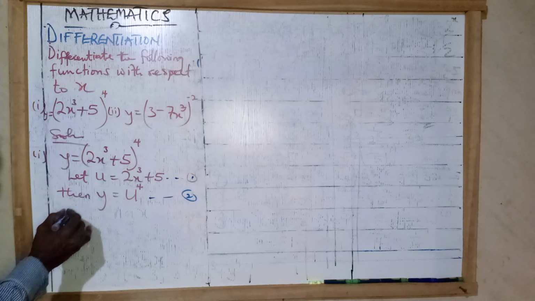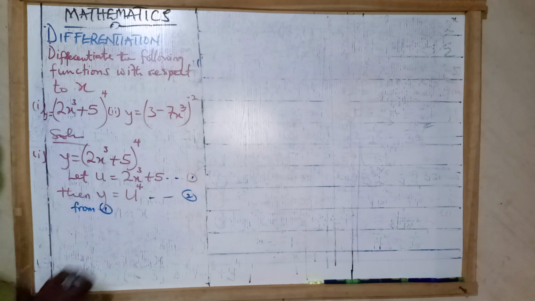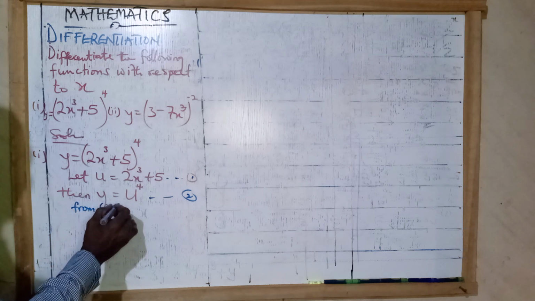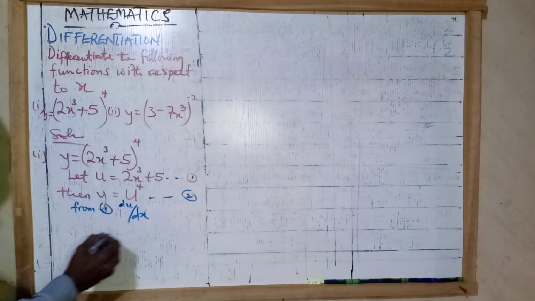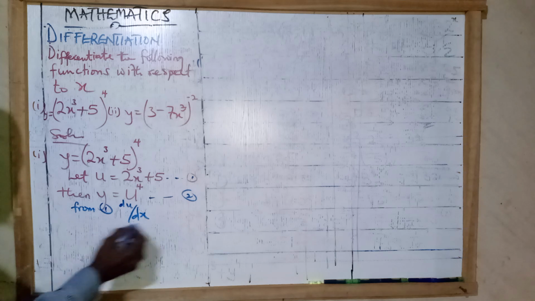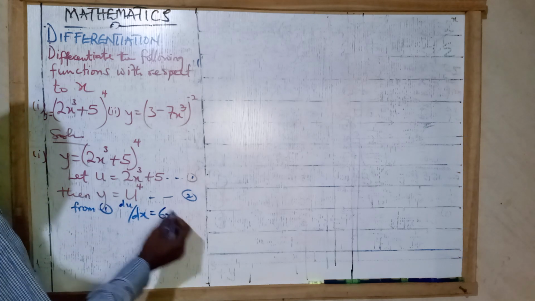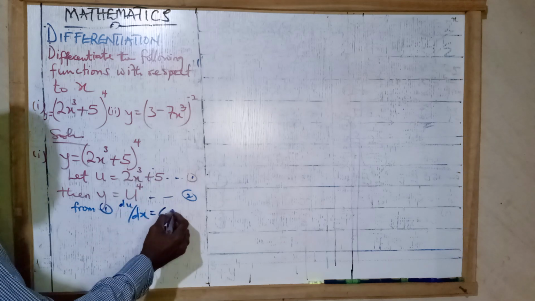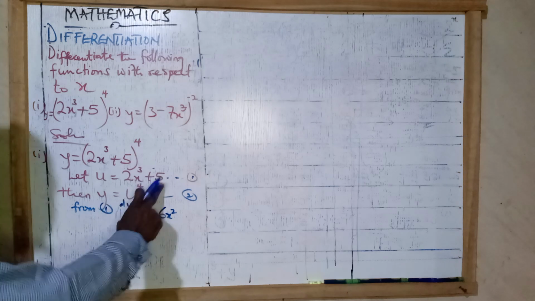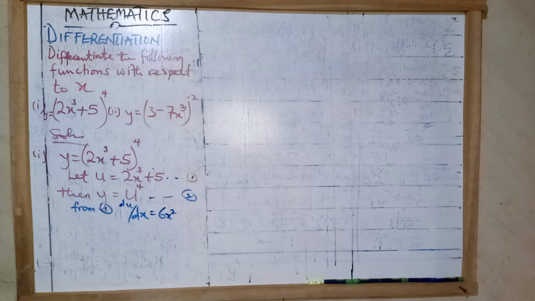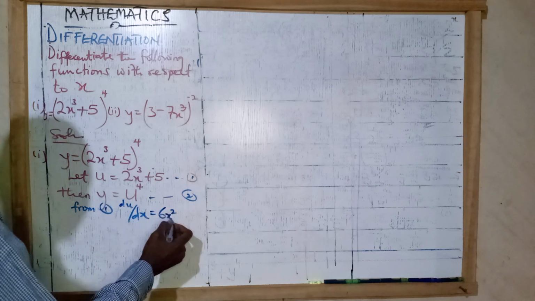Now, from equation 1, we can find du/dx, which gives us 3 times 2, 6, then x raised to 3 minus 1, that is 2, since this one is just a constant and differentiation of a constant is 0. So du/dx gives us 6x^2.